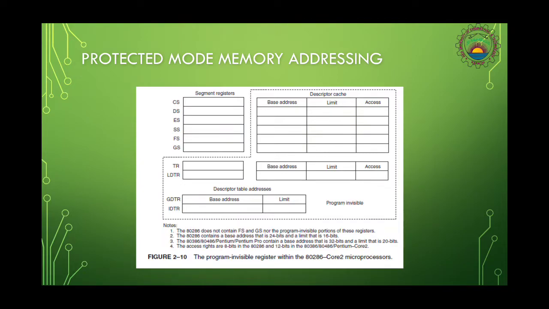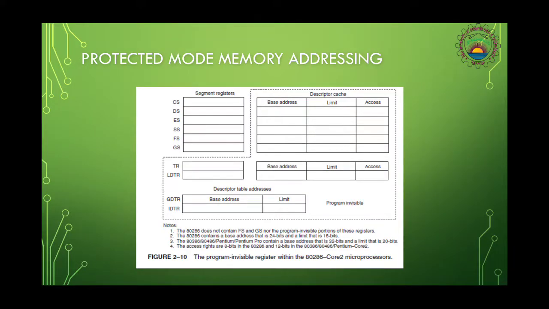The interrupt descriptor table base address is present and its limit will be stored there. And the LDTR will be loaded with a 16-bit number, depending upon the current application which is to be executed, and the base address, limit and access rights byte will be fetched from memory from the descriptor table.